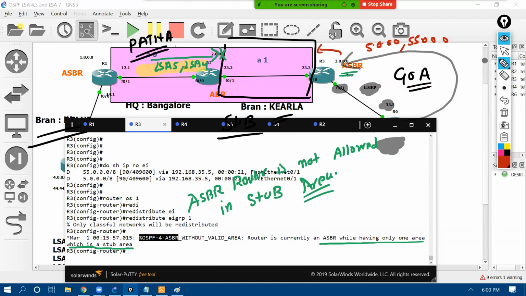LSA 5, right? So will I allow this? Of course not, because this is my stub area, and a stub area never allows any LSA 4 and 5, and it does not even allow any router to become an ASBR in area 3.